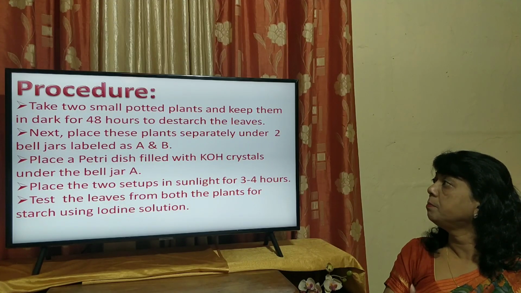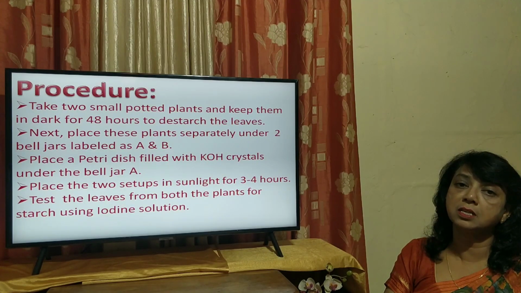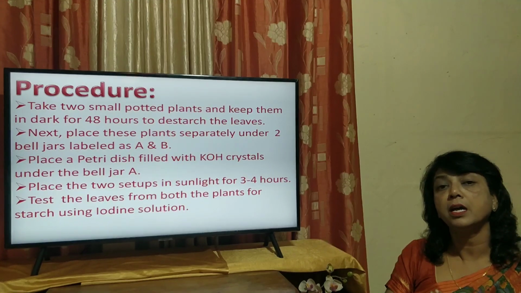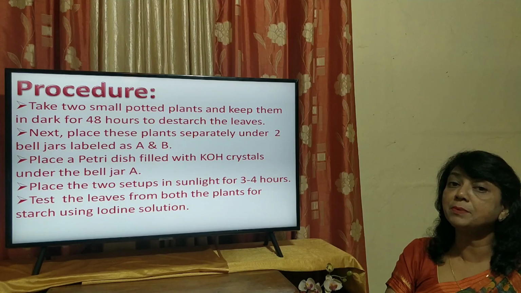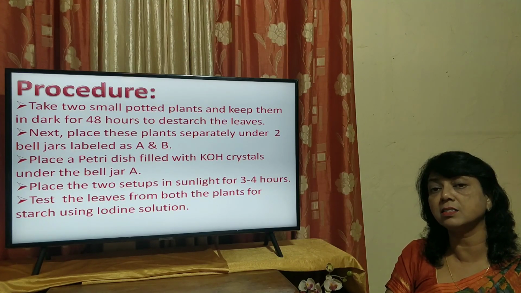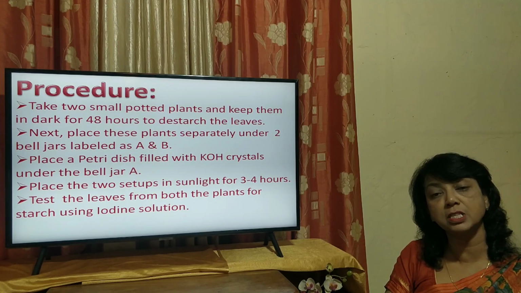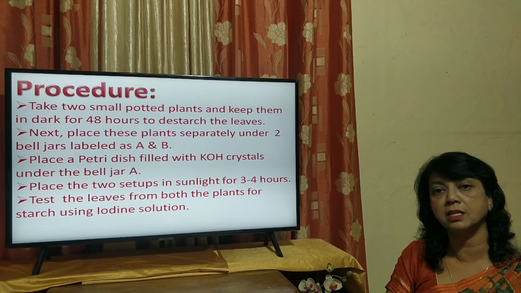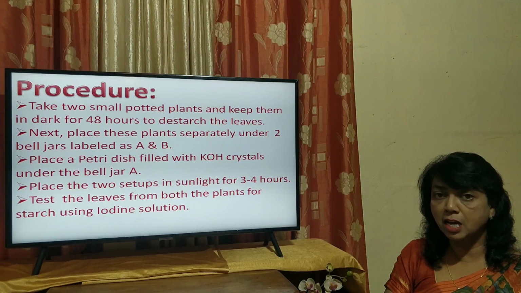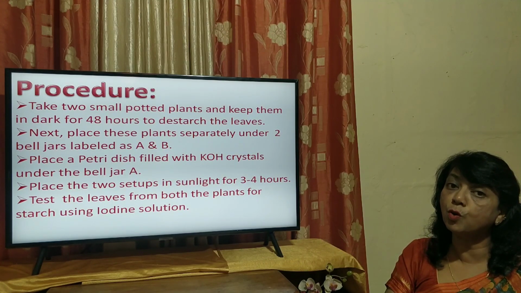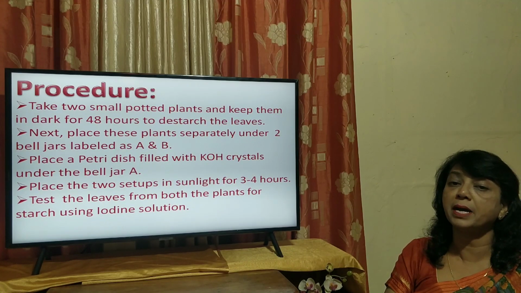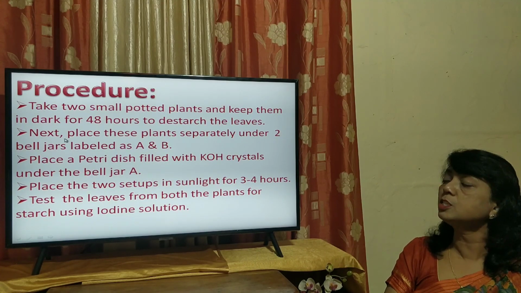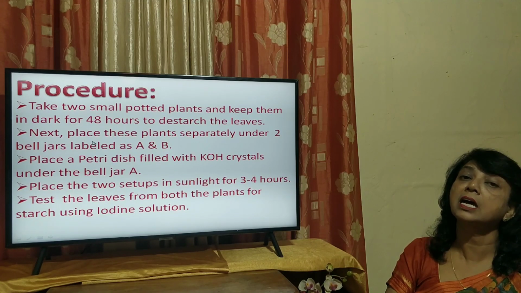The plant uses the starch for various life processes. So when we keep it for 48 hours in the dark, it will not be able to photosynthesize for 48 hours, but it will convert the starch into glucose, and that glucose will be used up by the plant. This process is called destarching.